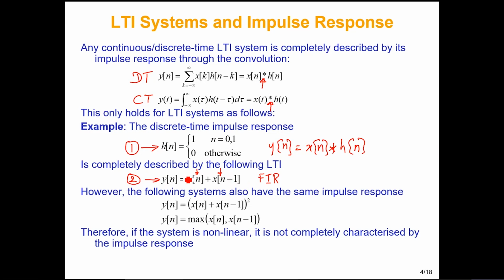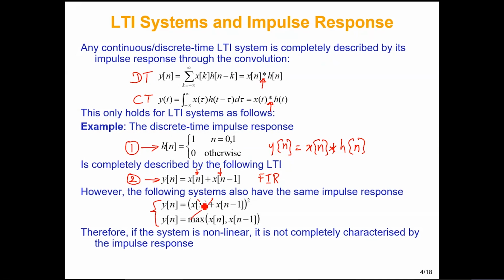If we have an FIR, or feed forward terms in the difference equation, it is possible to have the same impulse response for multiple systems. For FIR systems the impulse response is unique, but you may have non-linear systems which have the same impulse response.